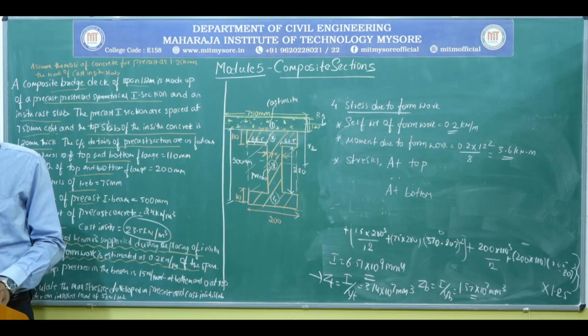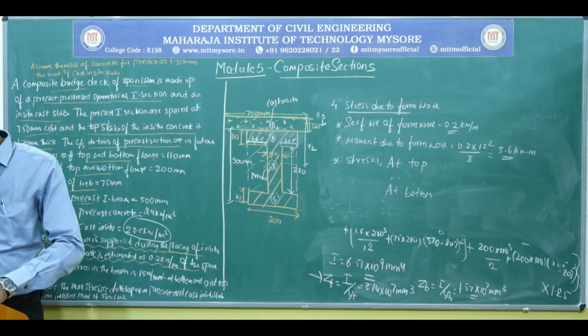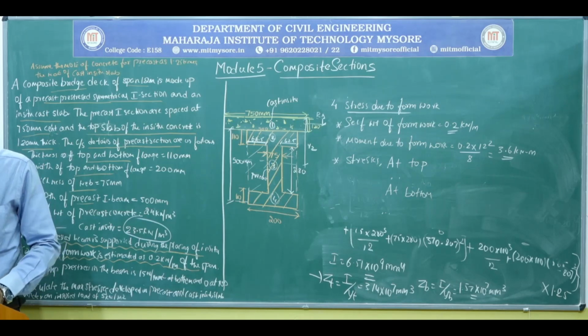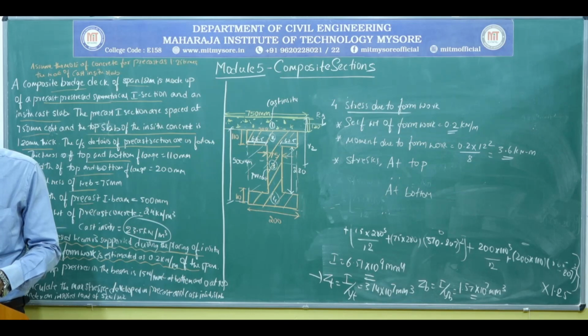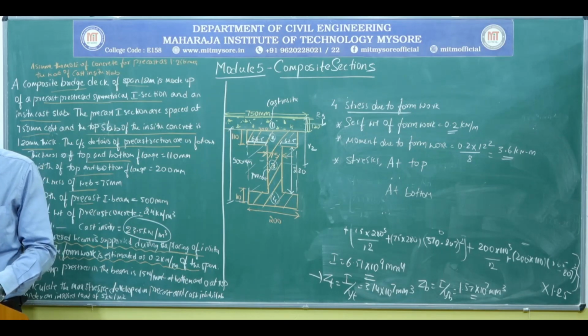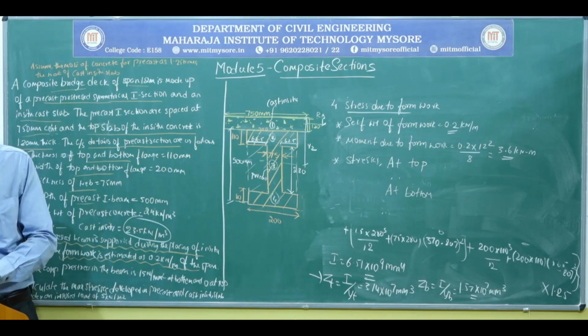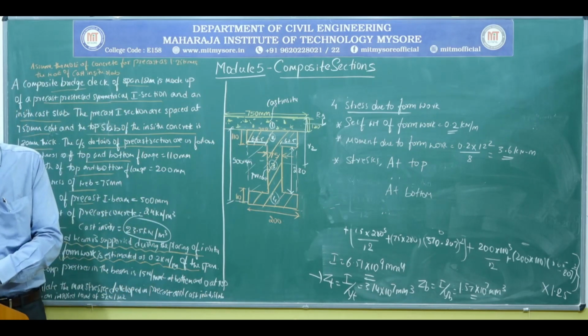Let me check the answer. Yes, 7.42. So that is Z top and Z bottom of precast, because that's what I have already been told.